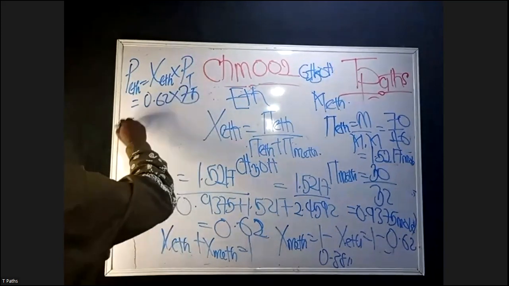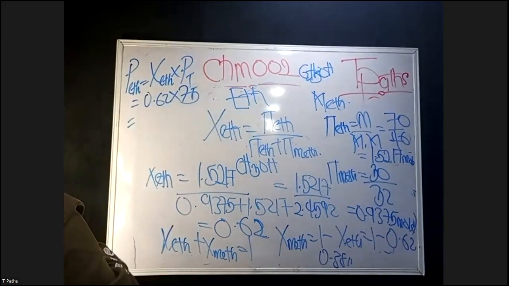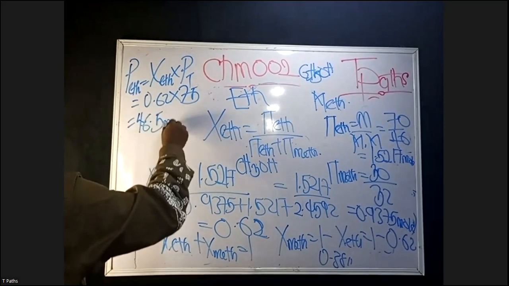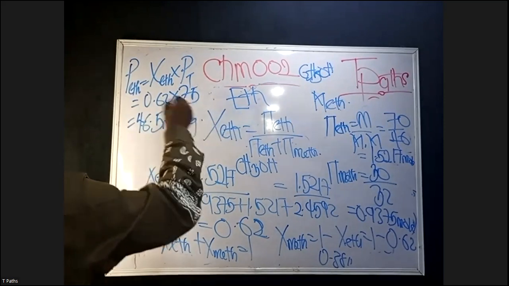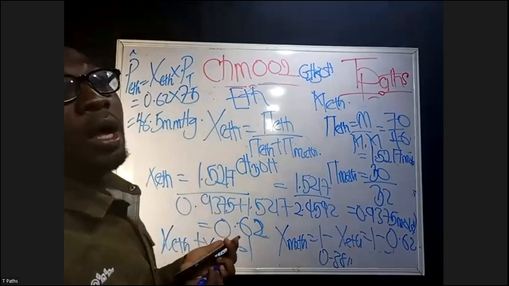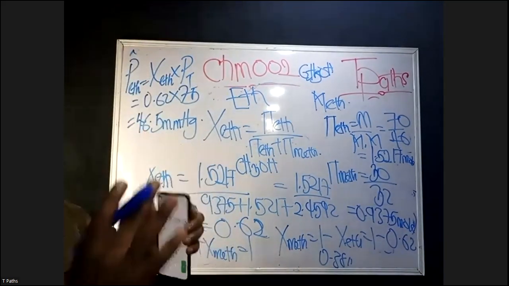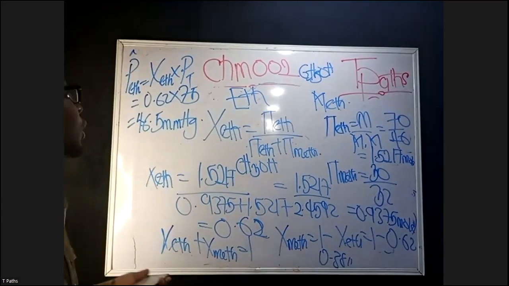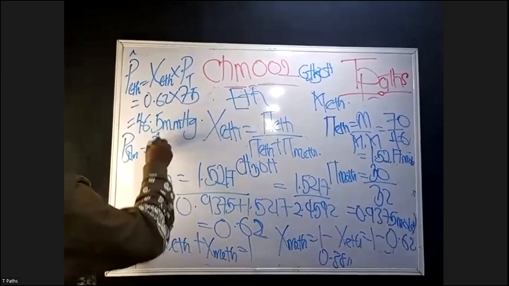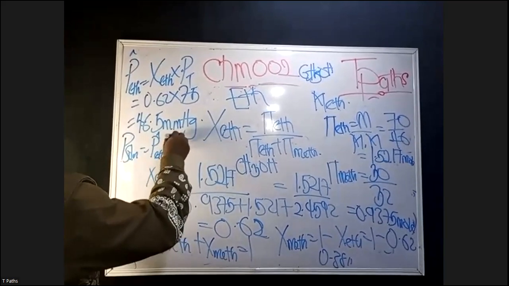So 0.62 times 75, and that is 46.5 millimeter mercury. Guys, you can attempt the partial pressure for methanol, and when you do that, you can sum them up to get the pressure of the solution. The pressure of the solution will be equal to the pressure of ethanol plus the pressure of methanol.